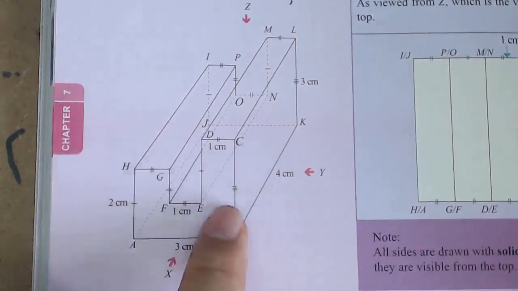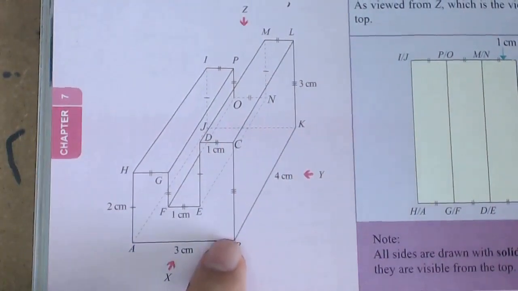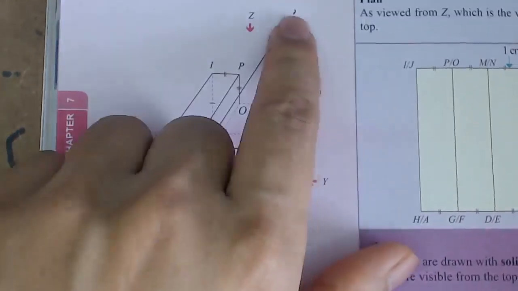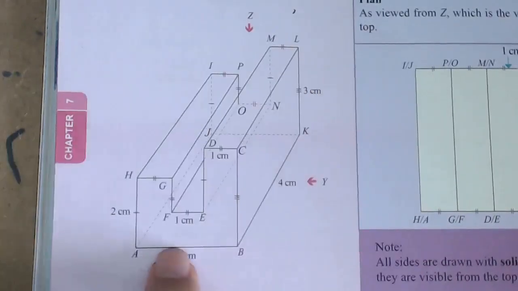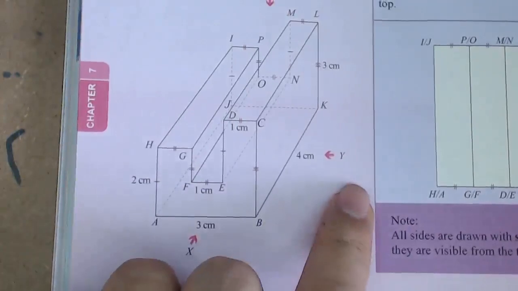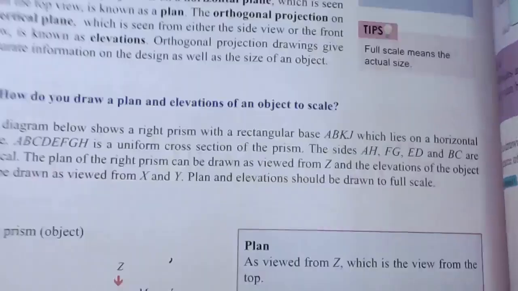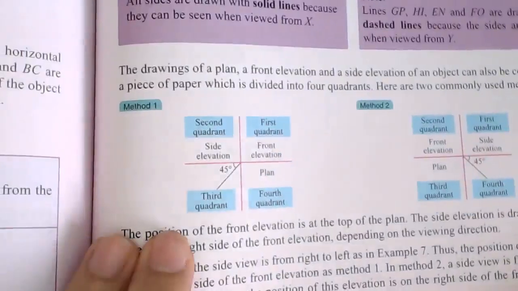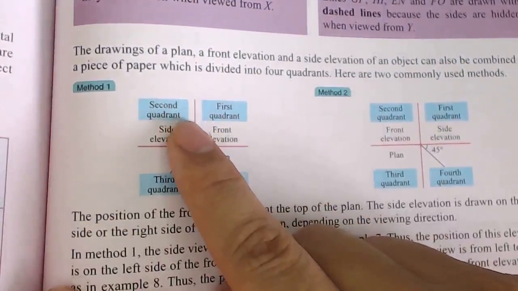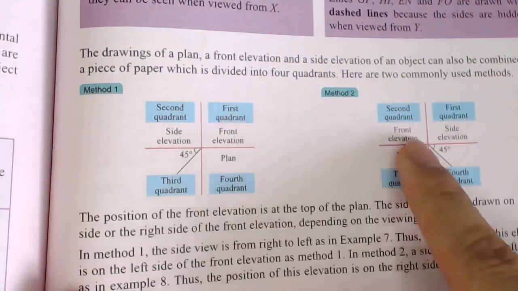Now how to turn the object to three sides of view that you come to know: Z, Y, X. In order to do that, we can do that with two methods.